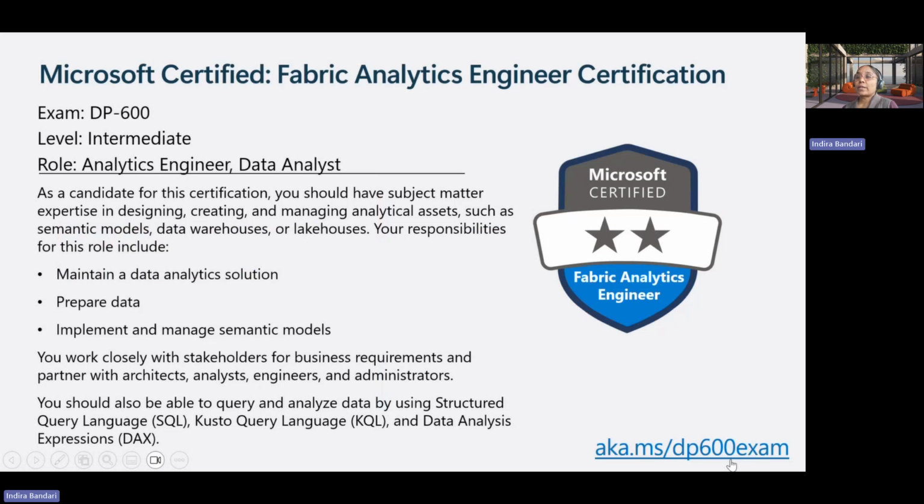The DP-600 exam is structured around three main skill areas, which together represent the full analytics engineering lifecycle in Fabric. First, you'll need to maintain a data analytics solution, and this is about reliability, governance, and process.